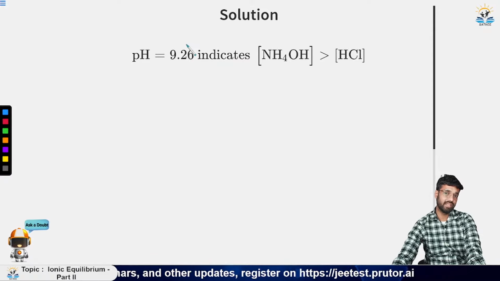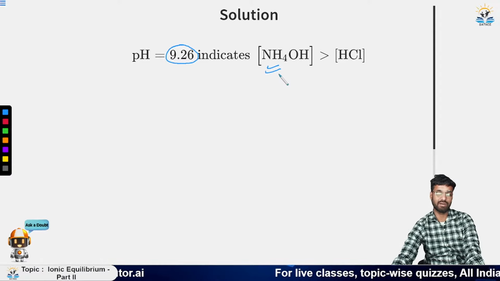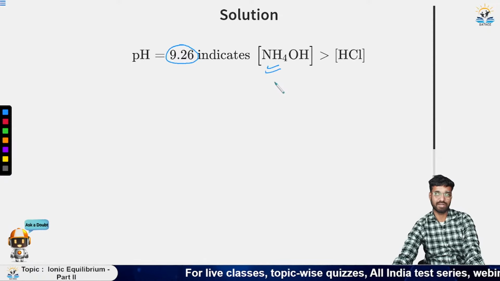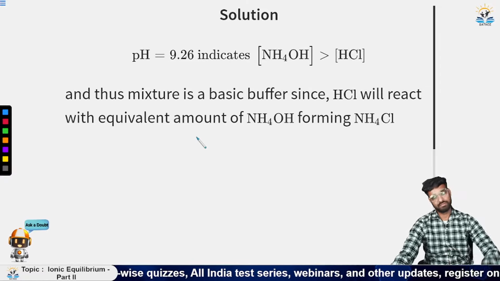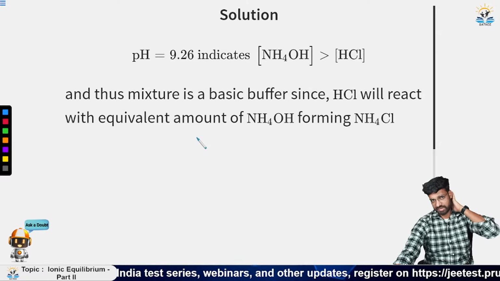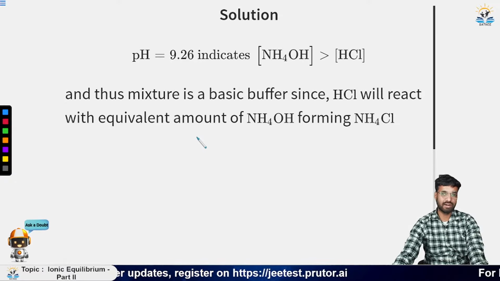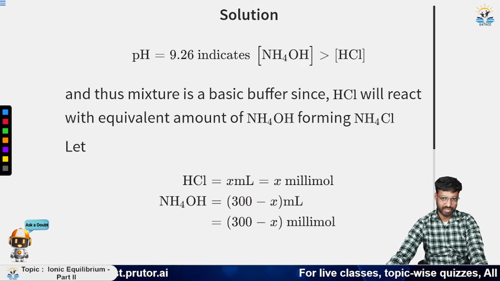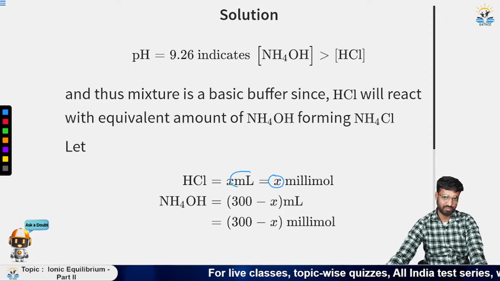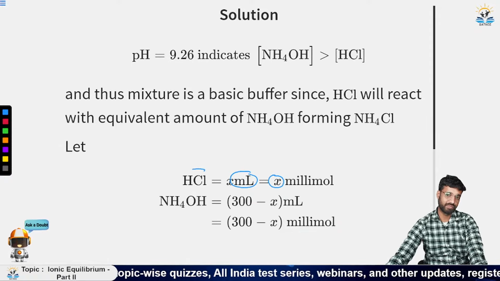The first thing we can see here is that we have a pH of 9.26. What does this mean? It is a basic kind of solution, that is, NH4OH is present in a greater amount, so the concentration of NH4OH is greater. Now, if the concentration of NH4OH is greater, we are taking HCl in a smaller amount. We have 300 ml of this solution. Let the HCl be x millimole, or you can say we are dissolving x ml of this HCl.